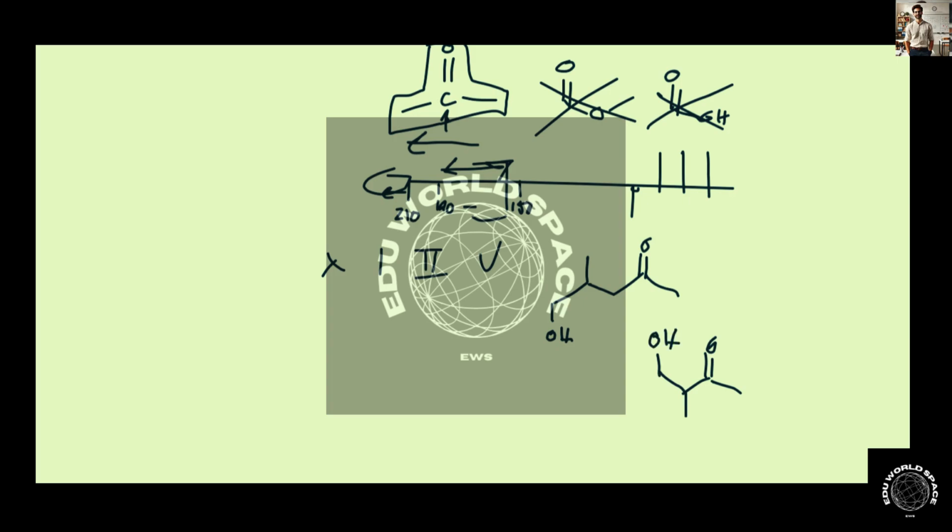Then I would point out we've got 4 other signals, not counting the carbonyl. So how many signals would be in each of these structures other than the carbonyl? 1, 2, 3, 4, 5 in 3, versus 1, 2, 3, 4 in option 4. 4 signals in 4, right? And we have 4 other signals lower on the spectrum.